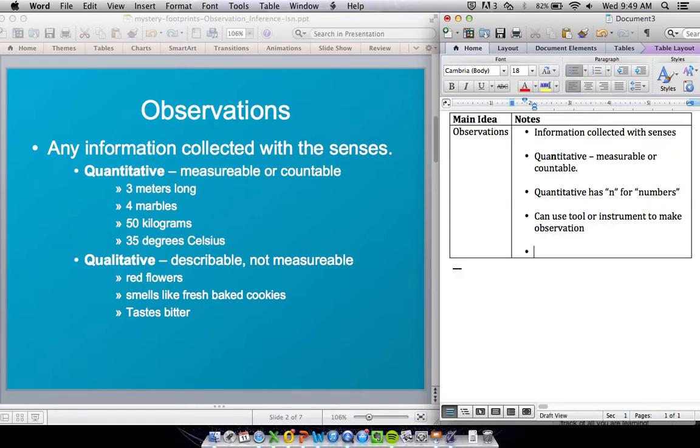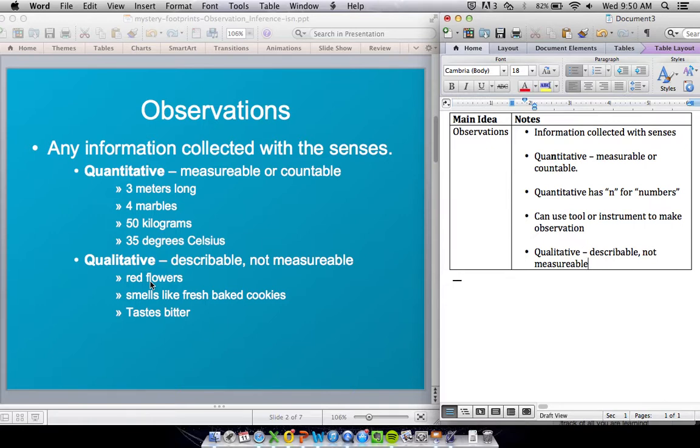Our next type is qualitative, and these are describable. They're not measurable. That doesn't make them any less true, but it's just not a number value. So the flowers are red. Can't argue with that.